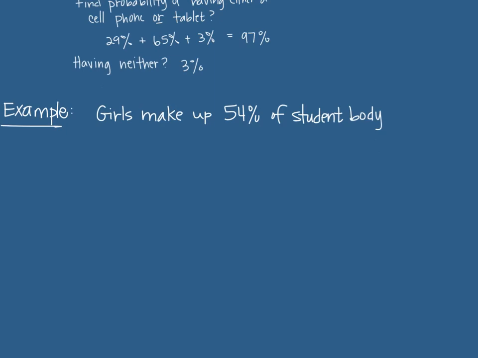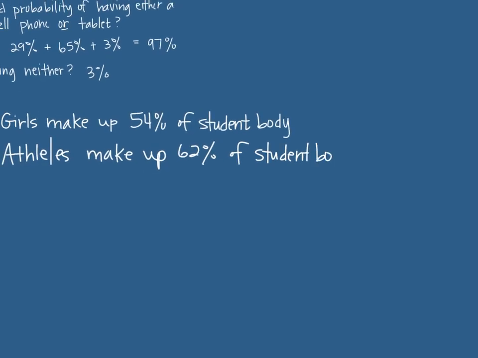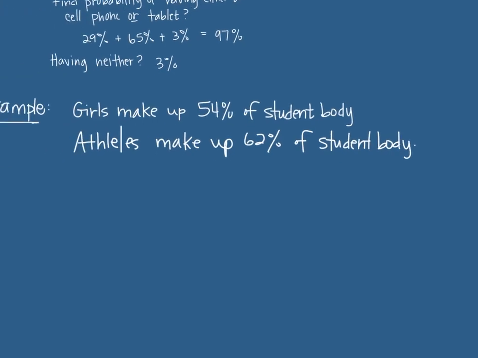So 54%. Athletes make up 62% of the student body. And then the last thing is half the girls are athletes.